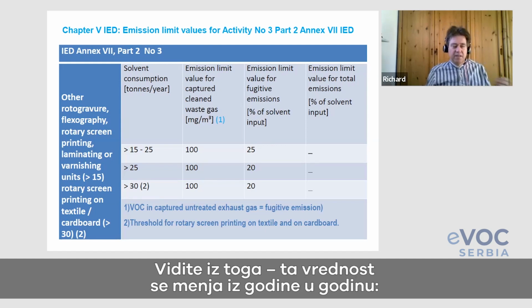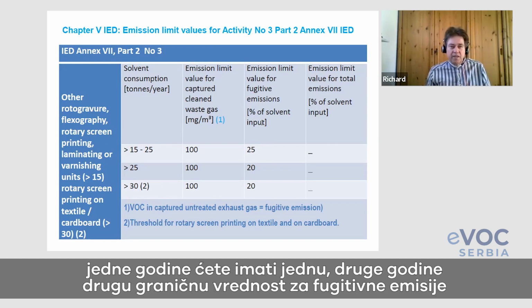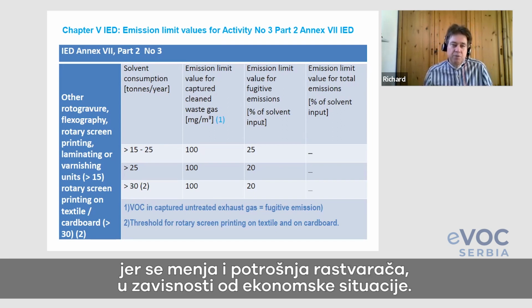What you can see, so it will change. So 1 year you have another fugitive emission limit value, maybe of course the other year, because the solvent input is an annual value, and of course it will change depending from the economic situation.